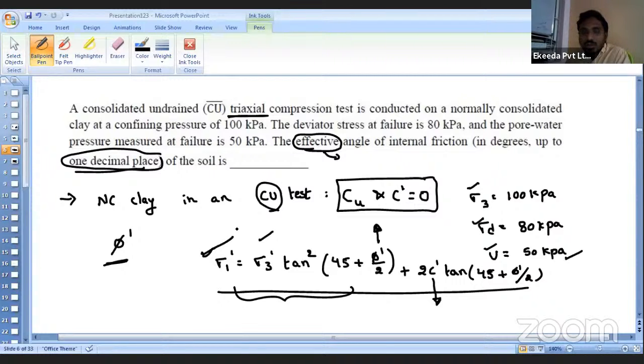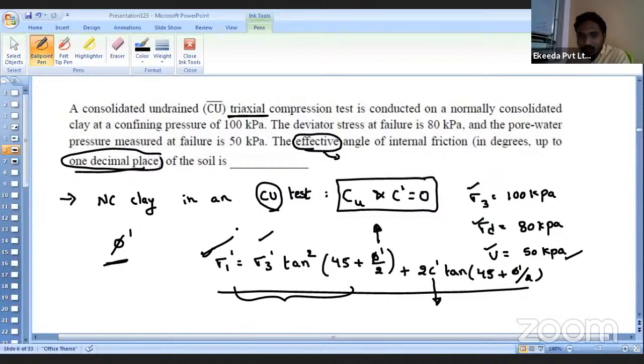And if we are talking about clay, we may be conducting the experiment on normally consolidated clay or on over consolidated clay. Depending upon the type of test and the type of clay, our parameters may change. If you don't know those parameters by heart, then we may not get the correct answer.